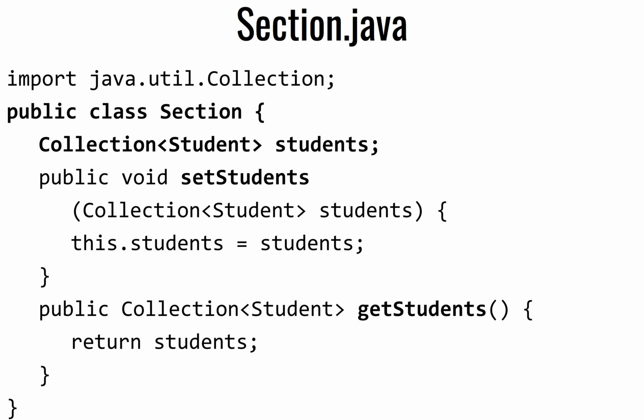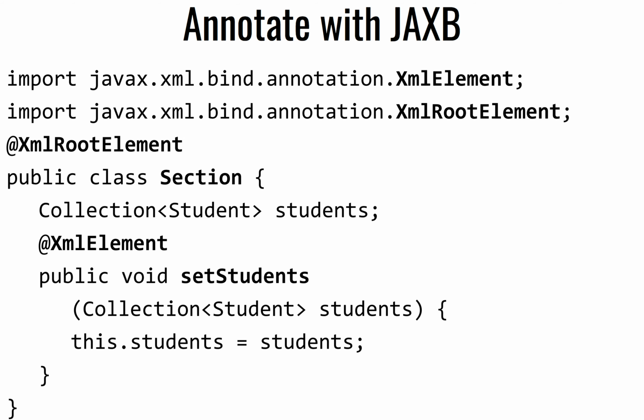For instance, here we might have a section parent class that contains multiple students as a collection. The parent class has setStudents and getStudents that allow you to manipulate the students instance inside of the section. We can annotate that and say this is now the root, not the student.